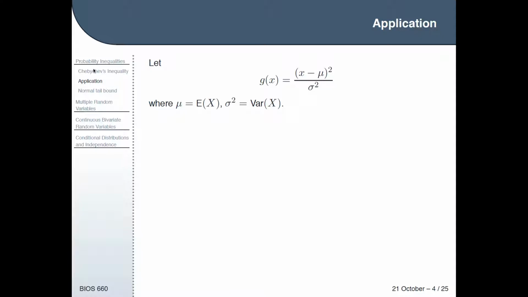So, a simple application of Chebychev's inequality. If you've taken statistics before, you've probably seen the general problem: given some random variable where we know its mean and variance, can we put a bound on the variance?